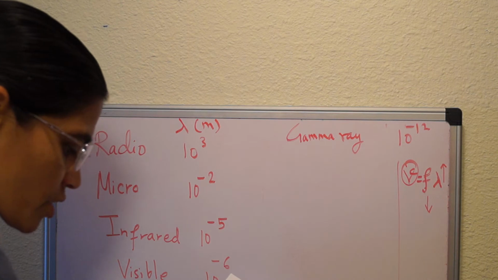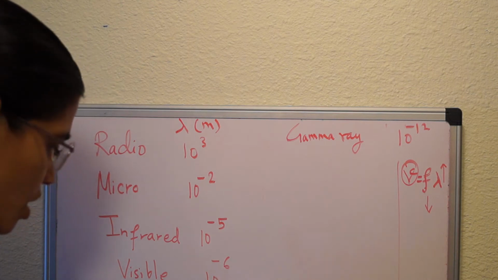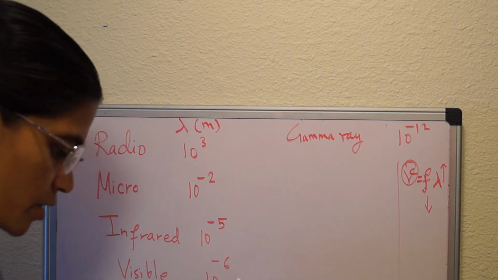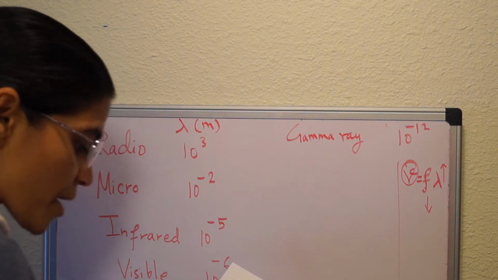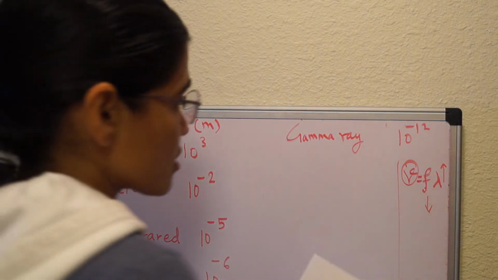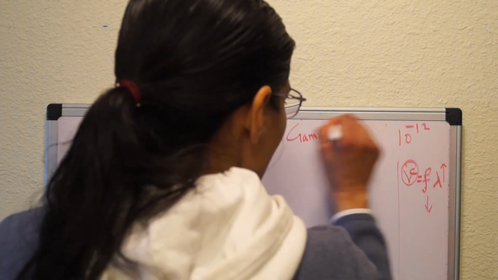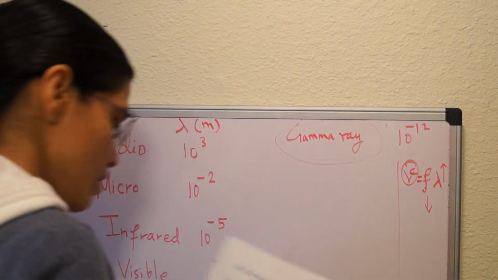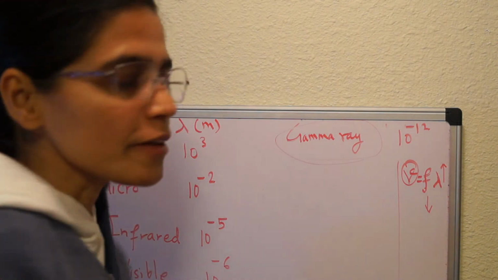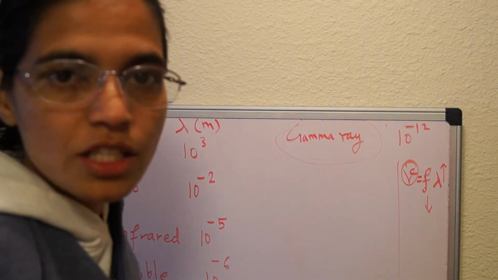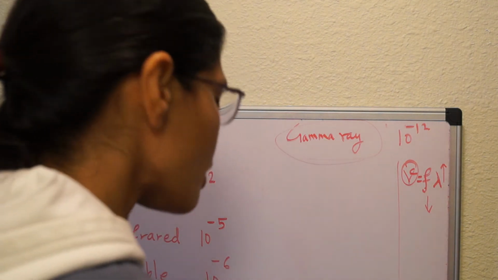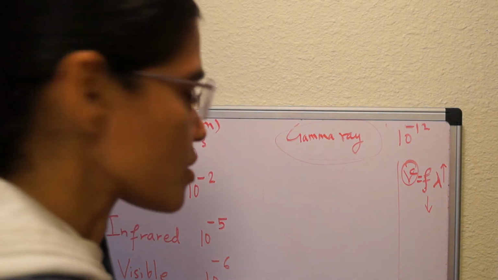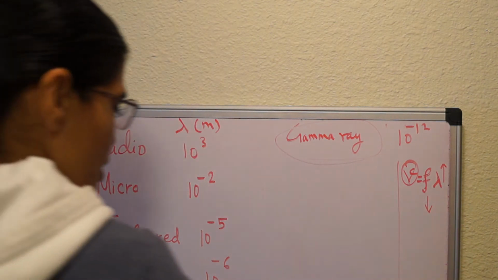Ultraviolet is about 10 to the power 15 hertz. X-ray is 10 to the power 18 hertz. Gamma ray is 10 to the power 20 hertz. This is very, very energetic. Whenever the frequency increases, it means it's more energetic. You'll learn this sometime in this semester.